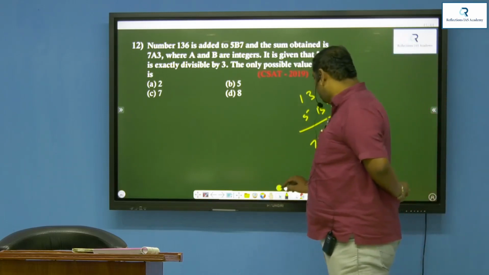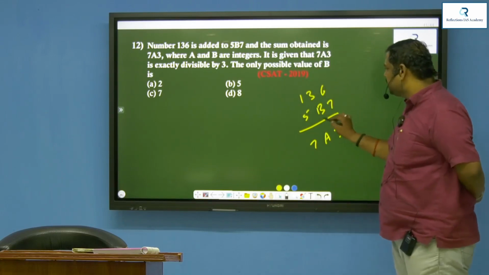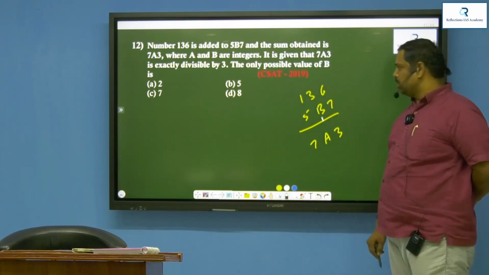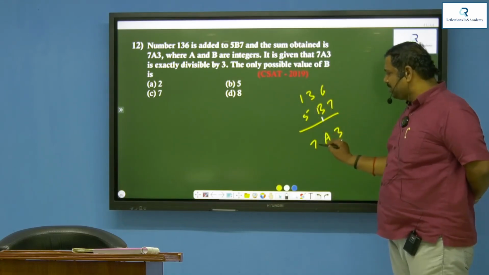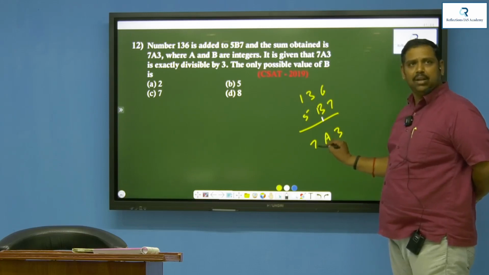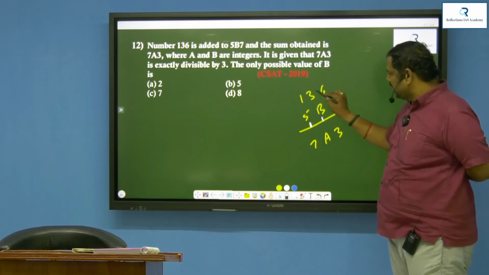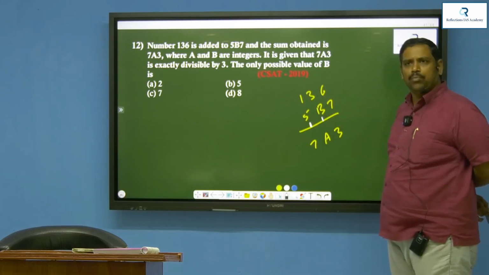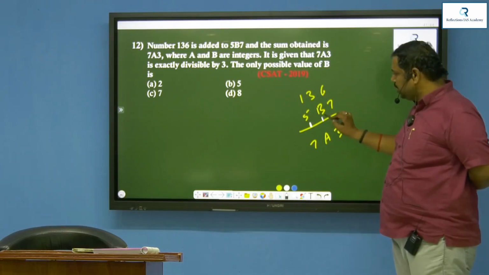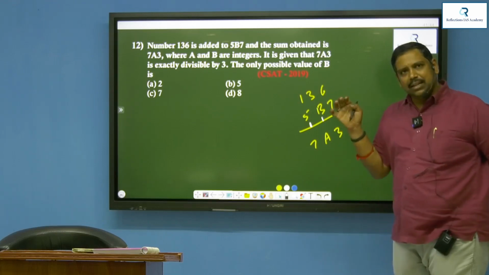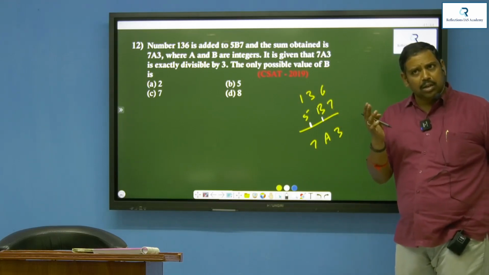Observe the point, my dear friends. 6 plus 7 is how much? 13. Okay. 1 plus 5 is how much? But he said 7. Means from here you are getting 1 carry. Yes or no? 3 plus 1 is how much here? 4. 4 plus B should be 10 or more than 10? Less than 10 is not possible.